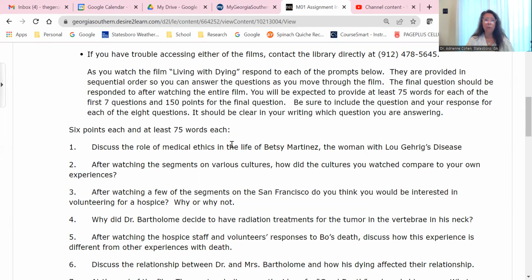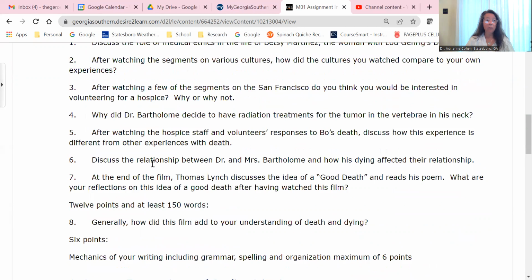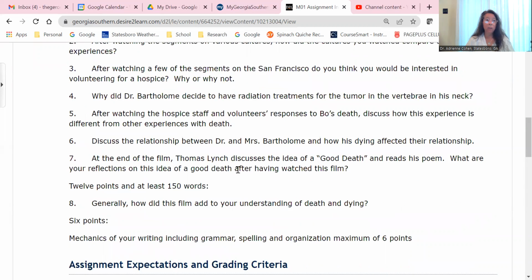It also says, if you look here, each of these questions is worth 6 points and a minimum of 75 words. So here again, you're going to pay attention to word count for these first questions, and they follow, like I said, in sequential order.